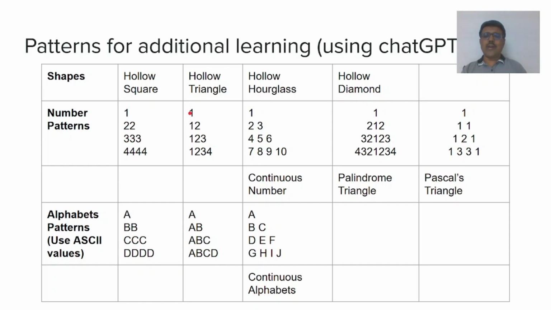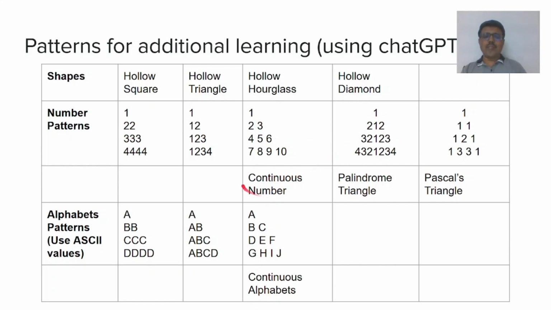Or I may want the second row to be 1, 2, then 1, 2, 3, then 1, 2, 3, 4. Or I can do 1, and then 2, 3, then 4, 5, 6, then 7, 8, 9, 10, like this. All these things will be possible, but apply a logic for that.